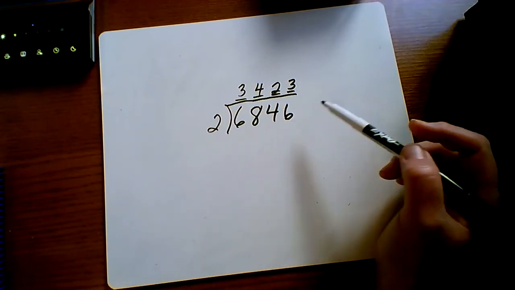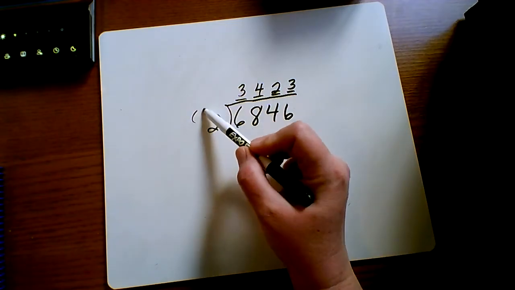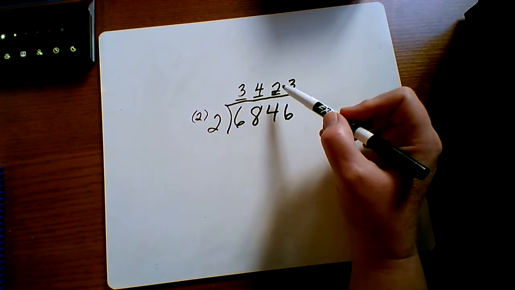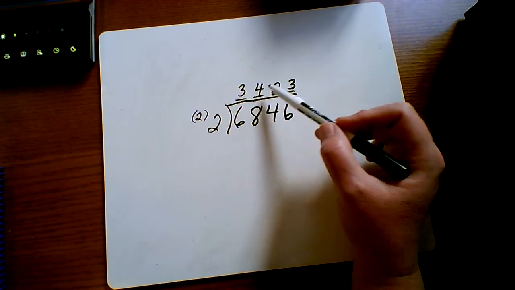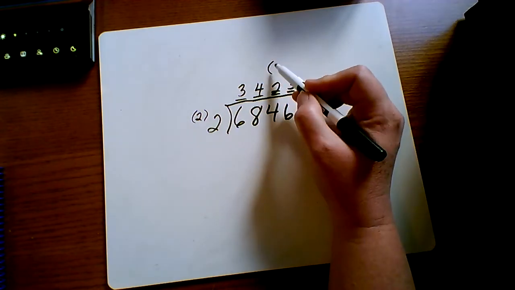But another way to do it is to use our check numbers. So the check number for 2 is 2. The check number for 3,423 is, let's see, this would be 7 plus 2 is 9, so that would be 0. So the check number is going to be 3.